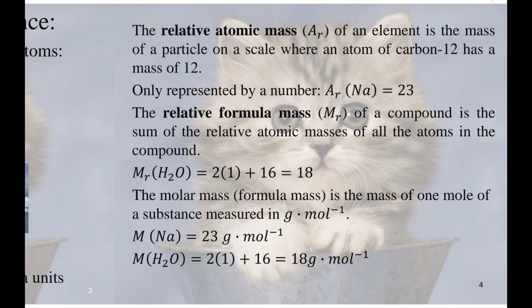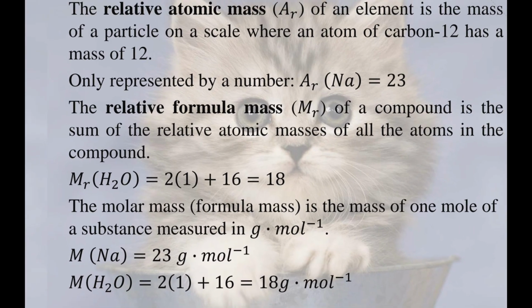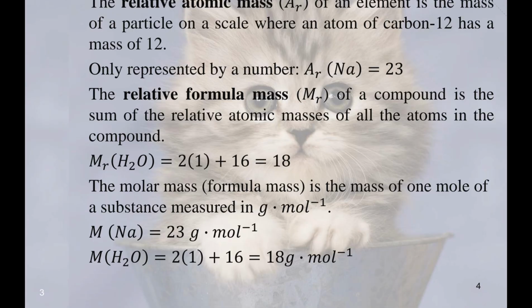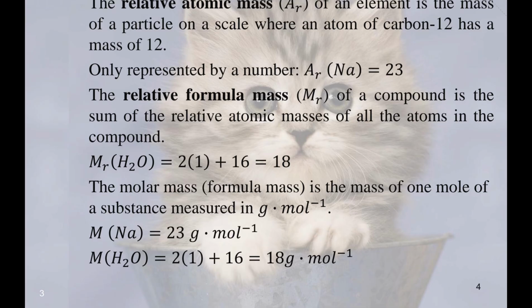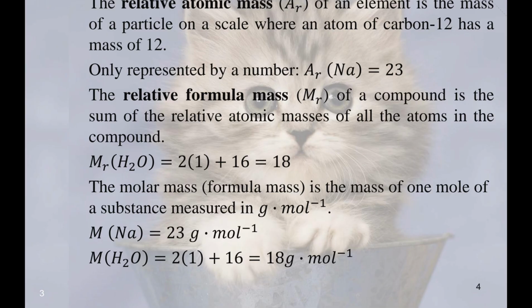The relative atomic mass of sodium is 23. The relative formula mass of a compound is the sum of the relative atomic masses of all the atoms in the compound. You can see the relative formula mass of water, H2O.